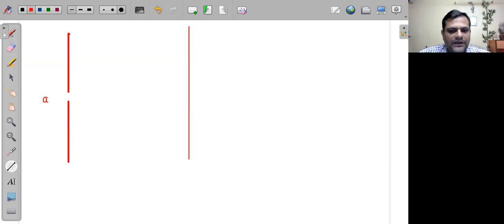This is the screen which is kept at some distance like small d here, capital D here. तो ये जो capital D है distance, that is the distance of the slit and screen. तो slit और screen के बीच में ये जो है capital D distance है.